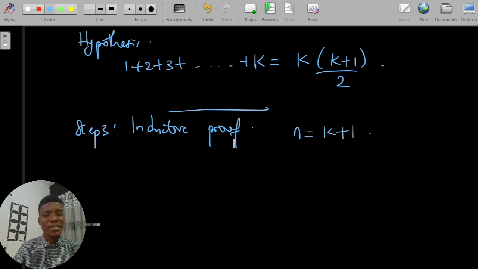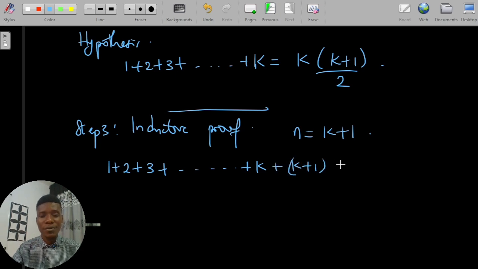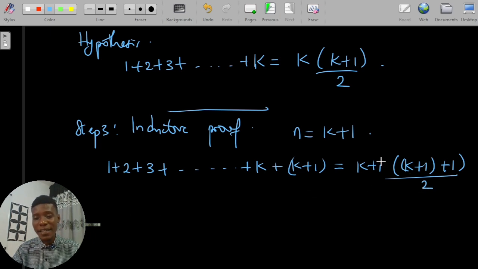According to the formula, if n equals k plus 1, then we have 1 plus 2 plus 3 plus up to k plus 1, which is going to be equal to, now don't forget that n is k plus 1, so this into k plus 1 over 2.